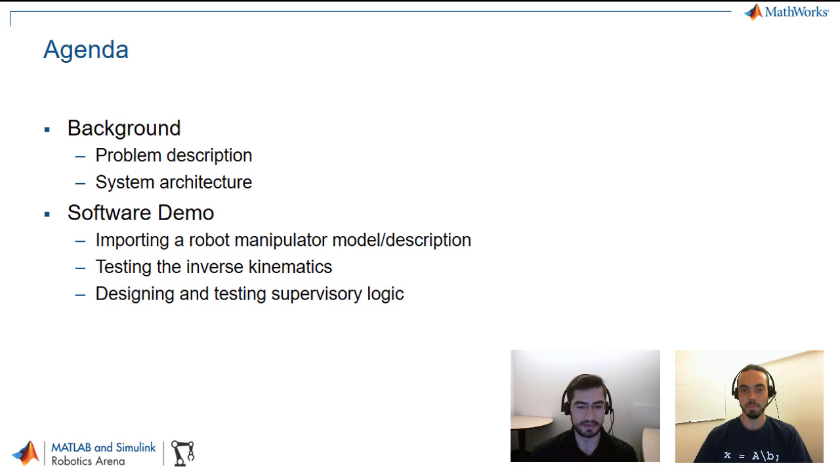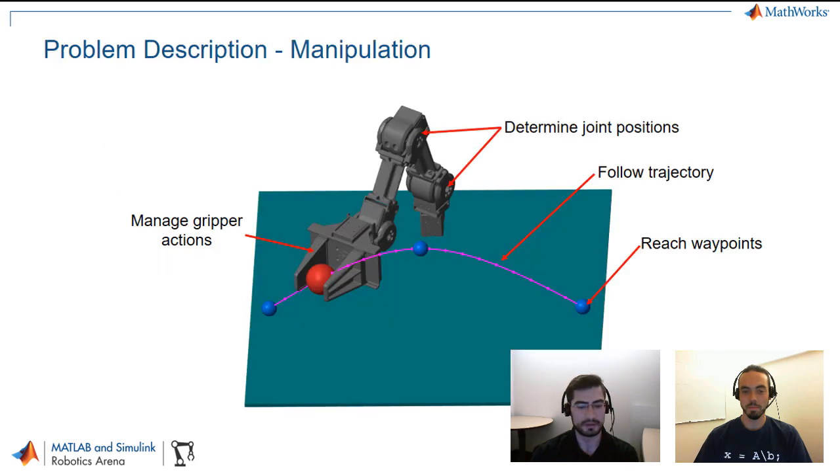Sounds good. Thanks, Sebastian. Yeah, it's gonna be a fast-paced video for sure, so try to keep up. We're gonna be covering a lot of things. The basis of the manipulation problem we're gonna be covering here is basically you're gonna have some sort of robot. In our case, we got some geometry from the Robotics Open Manipulator Chain robot.